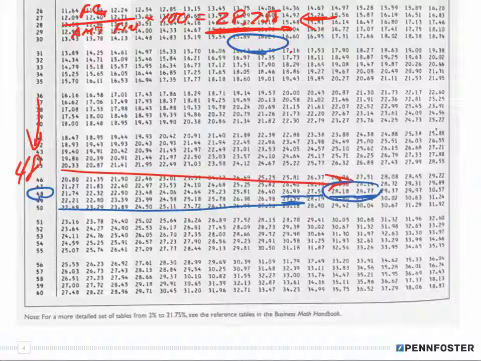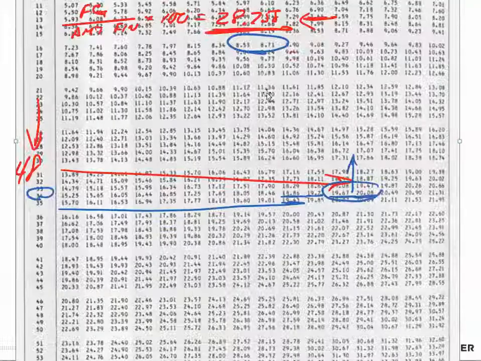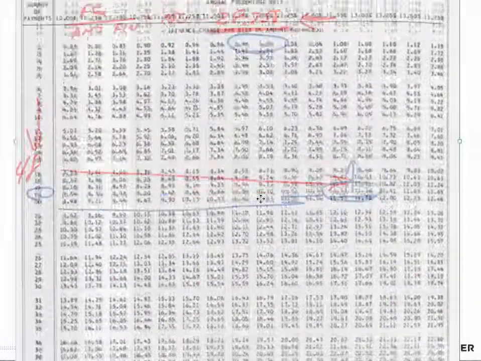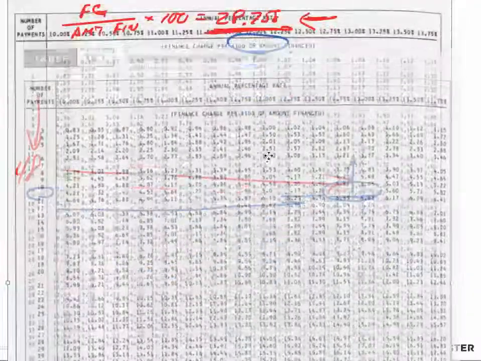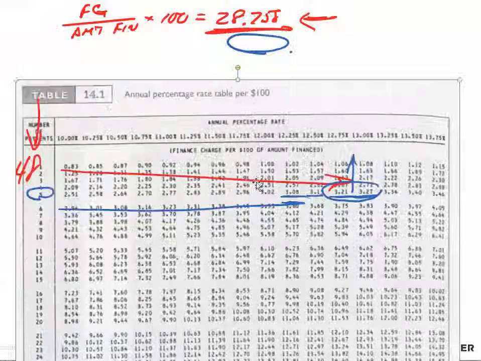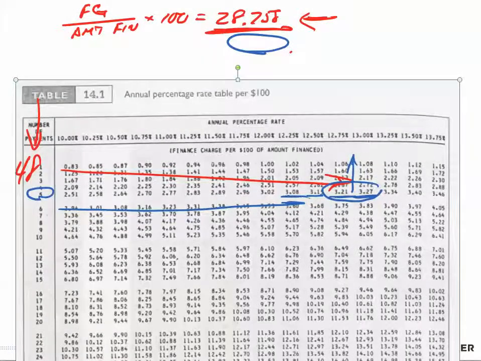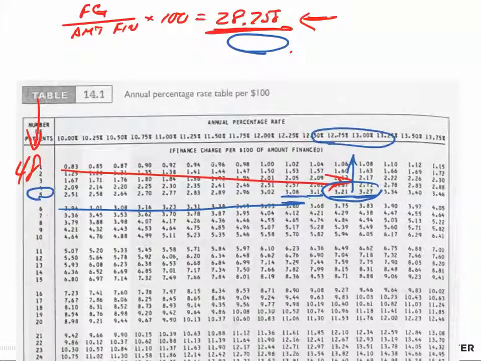So it's in between these two columns. I'm going to scroll down the page, keeping that arrow between the columns. As we get to the top of the page, we can see that it's between 12.75% and 13%. So the answer to that question would be it's between 12.75% and 13%, but it's most likely real close to the 13%.